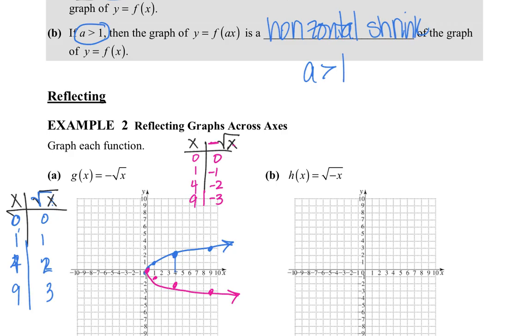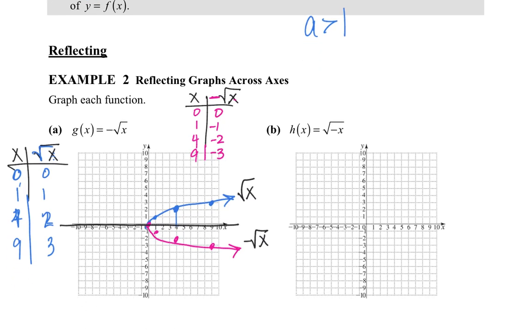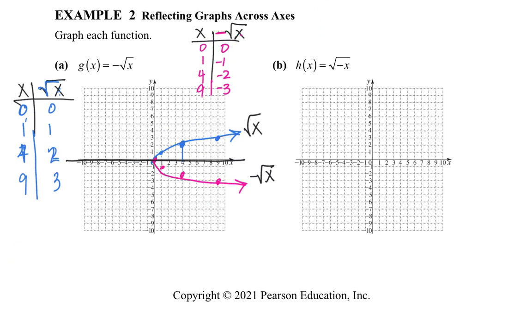Now notice that they are identical, except it's a reflection, where this is where you place the mirror, and it's the same on both sides. This is a vertical reflection because the negative sign is in front. So this is like saying f of x.